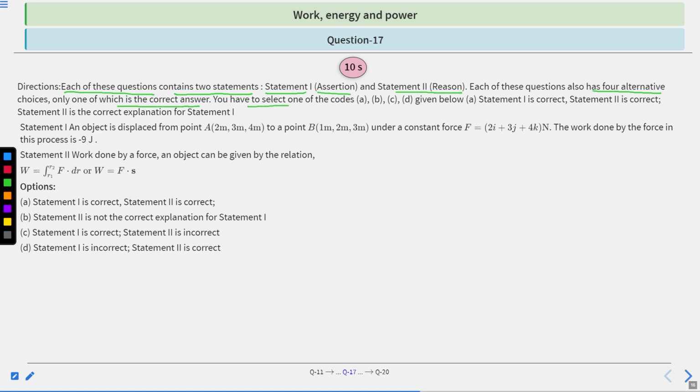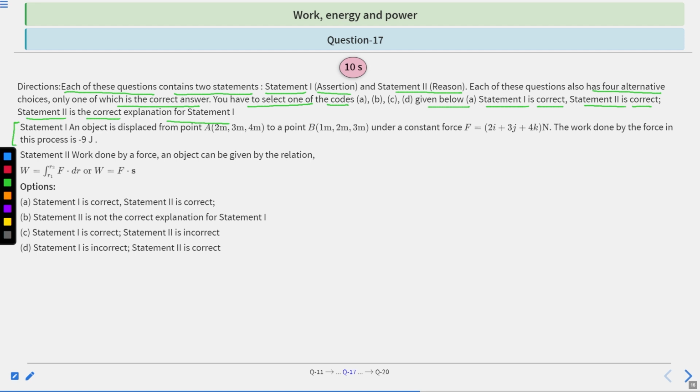You have to select the codes A, B, C, D given below. Statement first is correct. Statement second is correct. Statement second is the correct explanation for statement first. Clear? This type of questions is given in this.